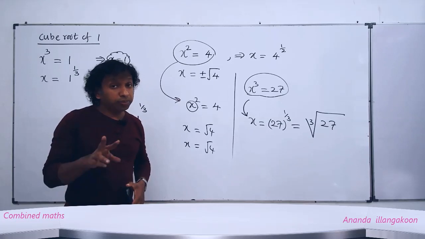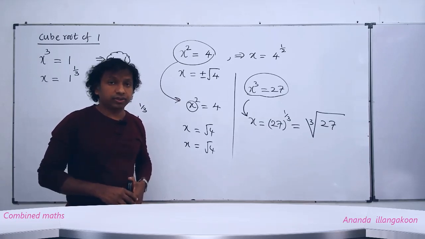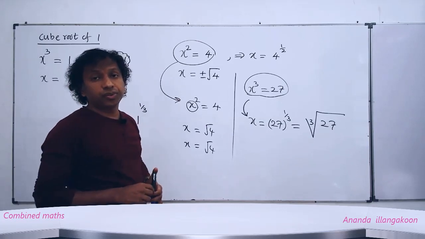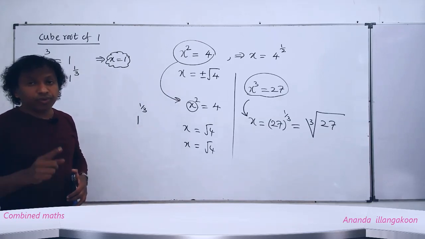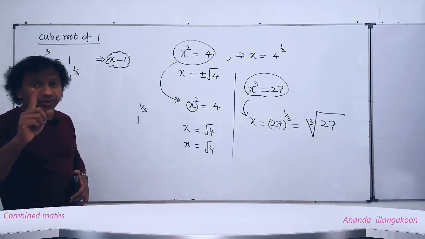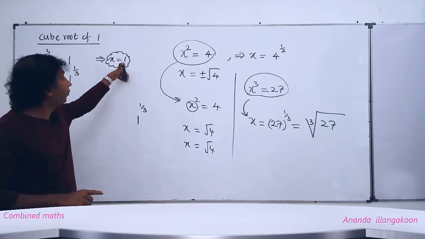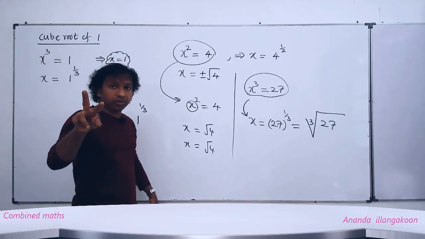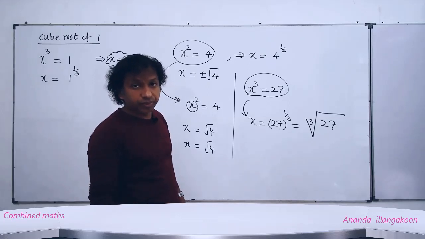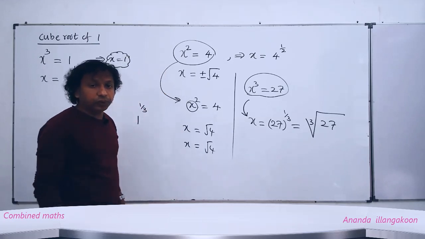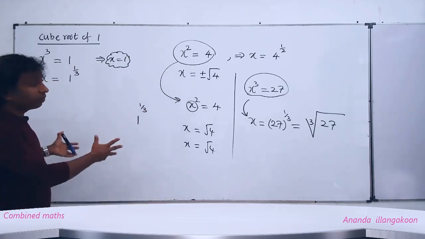Then there are 2 complex answers this time we can't neglect. So there are basically 3 answers for cube root of 1. Of them, 1 is a real number, that is 1. The other 2 are complex numbers. Now we are going to find them. So now you know really what is meant by this.